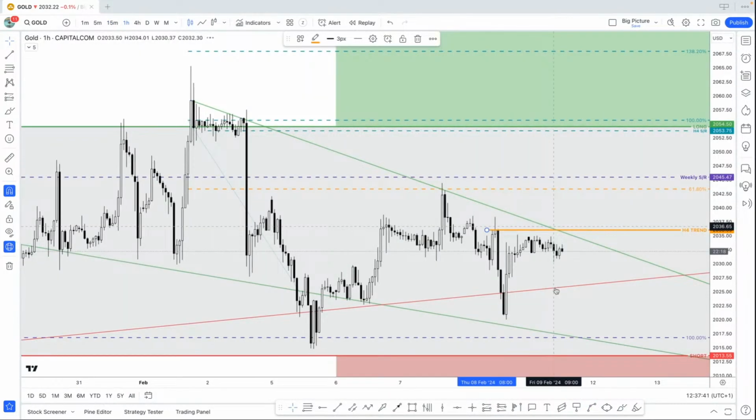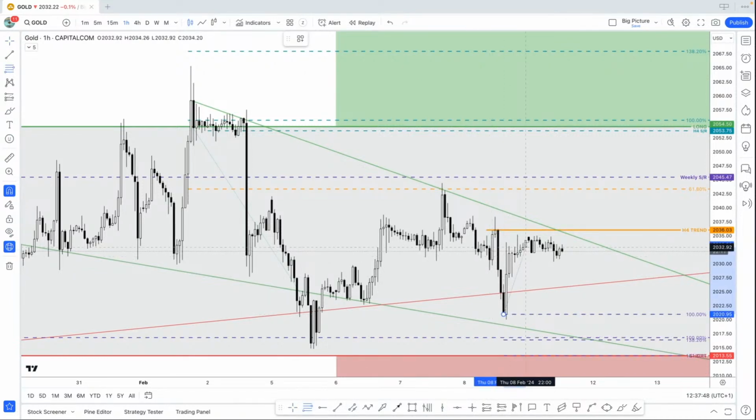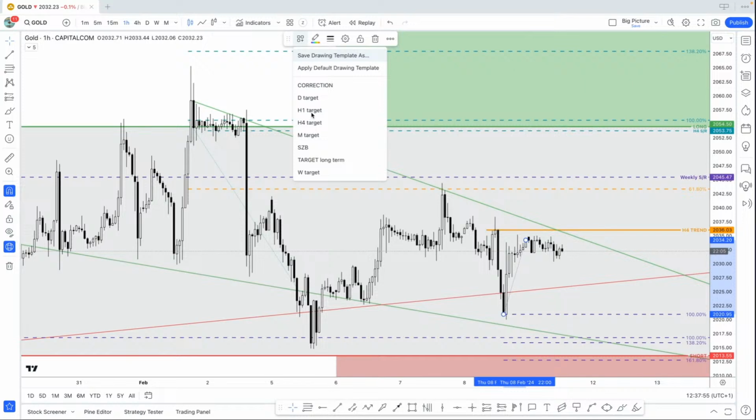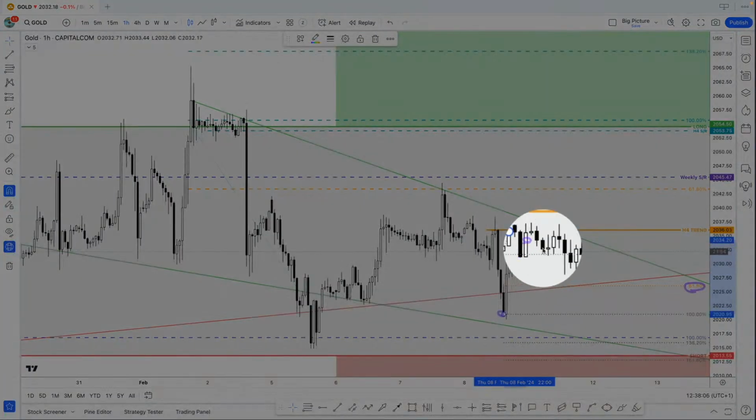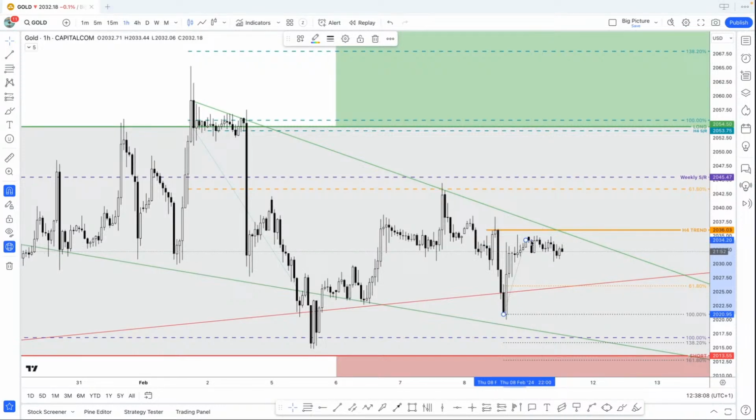But if we draw a target Fibonacci on the 1 hour, and this helps, I think, let's make it a 1 hour target Fibonacci. We can see the target Fibonacci that I draw from closing price to closing price on the correction, and I draw it when the wave structure changes.